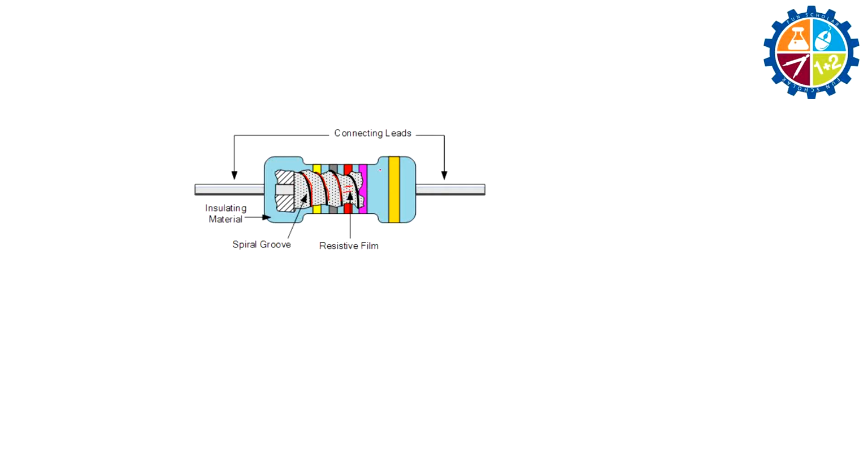So this is an insulator. When current is passing through this, this film will resist the flow of electrons, and these conductors will carry out the current as per our requirement. So this is how a resistor looks from inside.